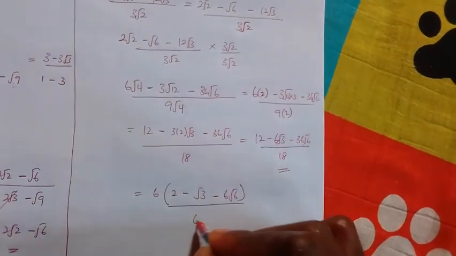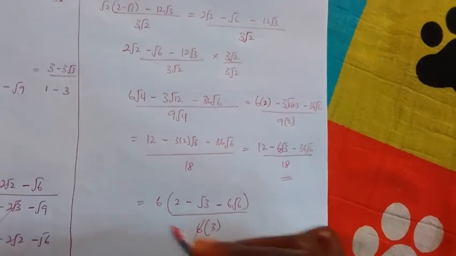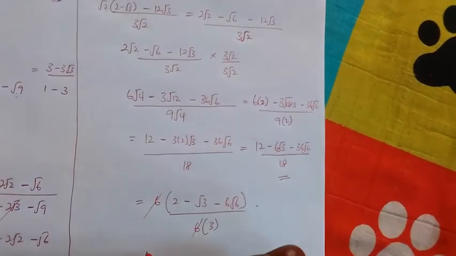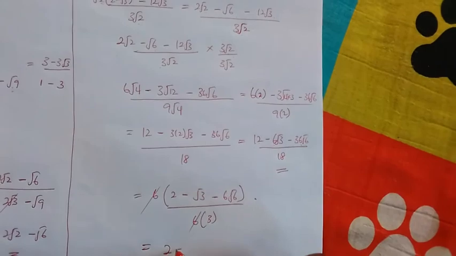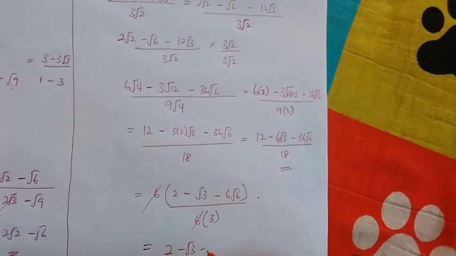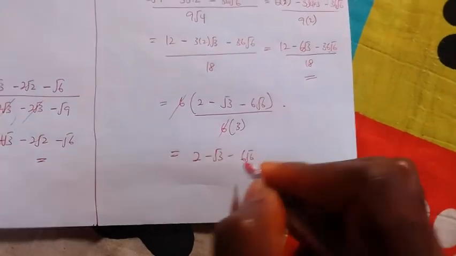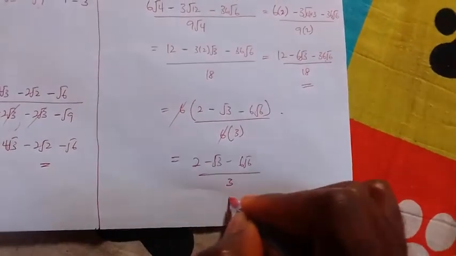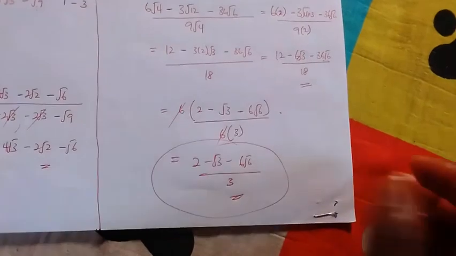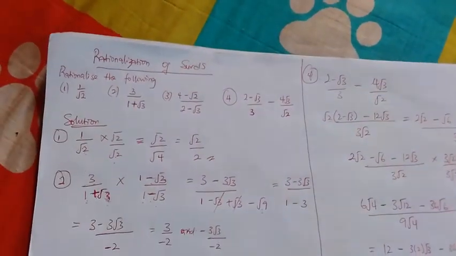That's for the numerator. 6 comes out here, what remains? 3. So 6 cancel themselves. We have an answer to be what? 2 minus root 3 minus 6 root 6 over 3. And that is where I will stop. So that's the idea of solving this question.